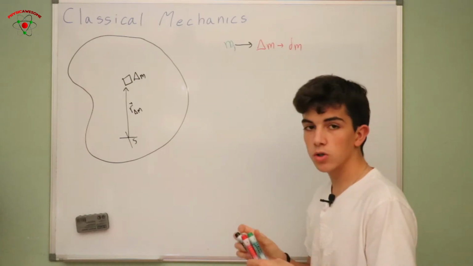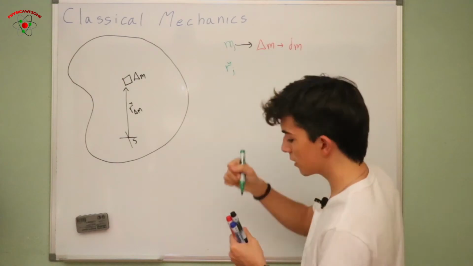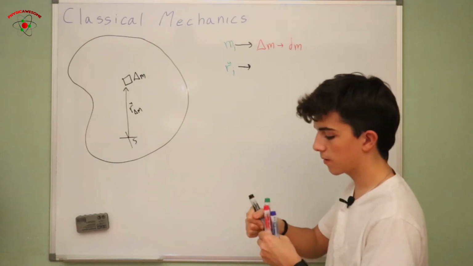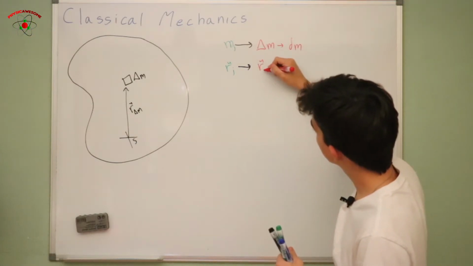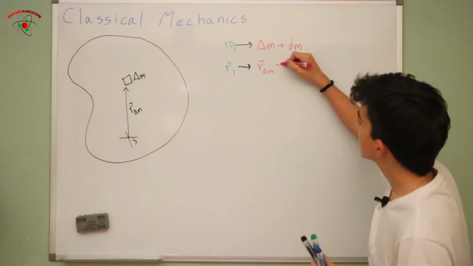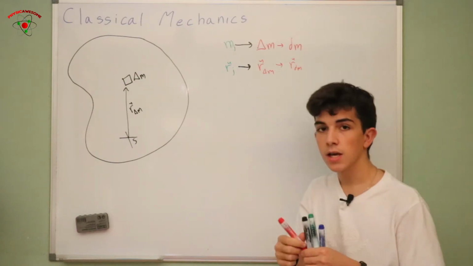So what used to be Rj now has become Rj or delta m, and it will become the position vector to the differential of mass.